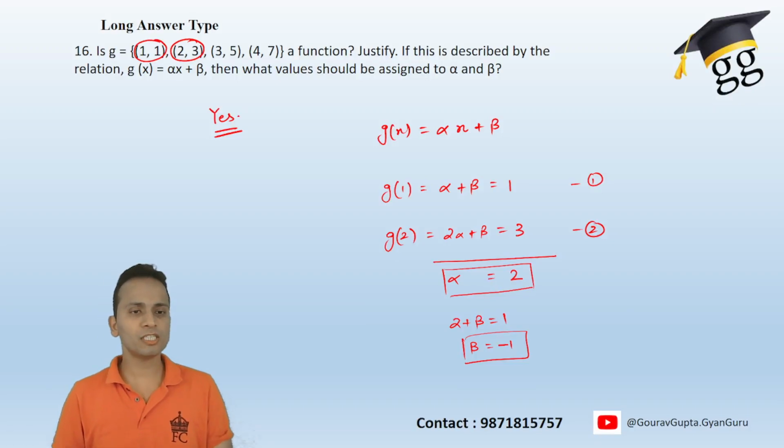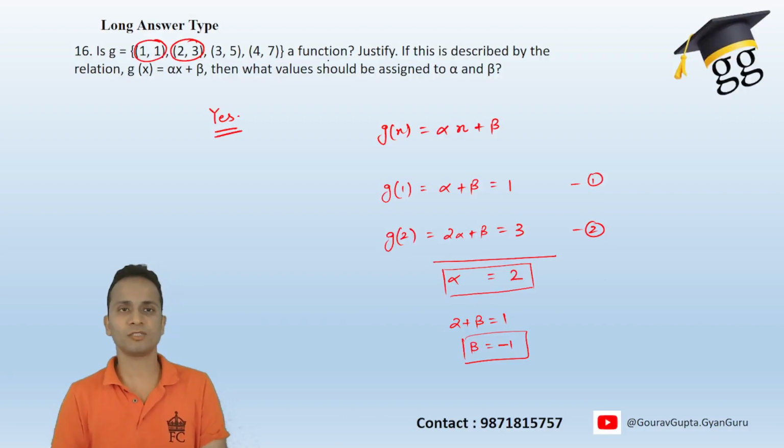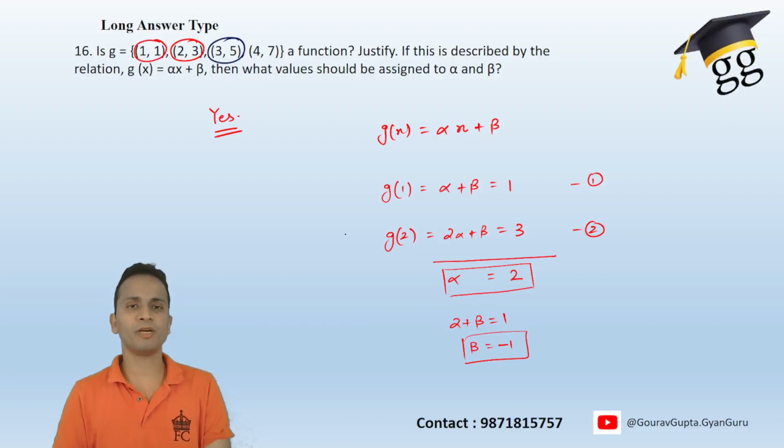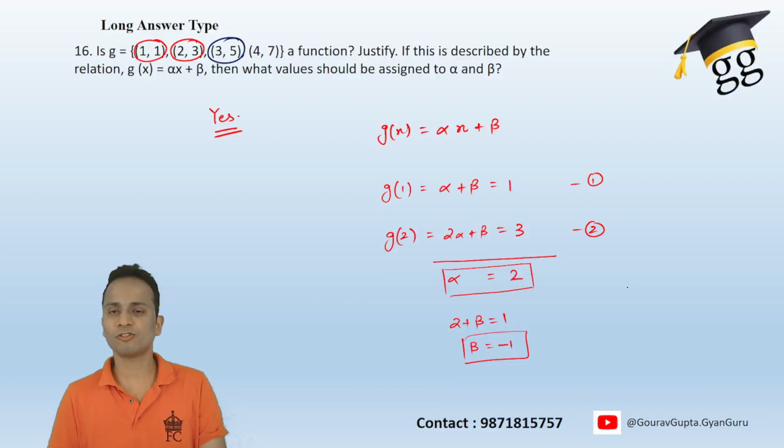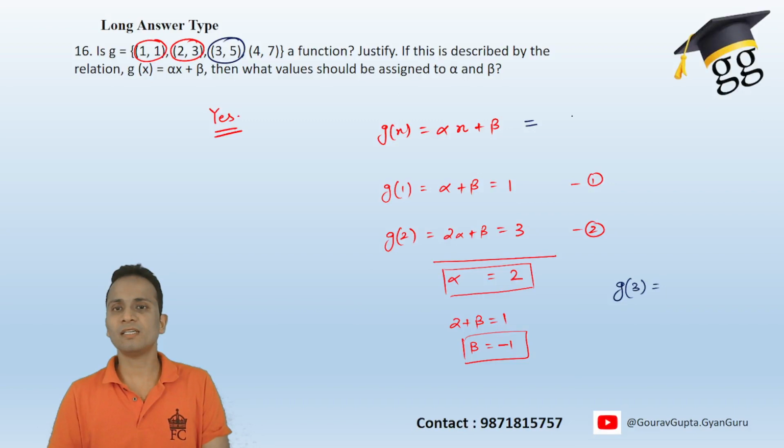Now what you can do is cross check whether these values of alpha and beta satisfy the other ordered pairs. Looking at the third ordered pair, where the value of x is 3, I'll find g(3). I can define g(x) as alpha x + beta. The value of alpha is 2, so 2x, and the value of beta is minus 1.